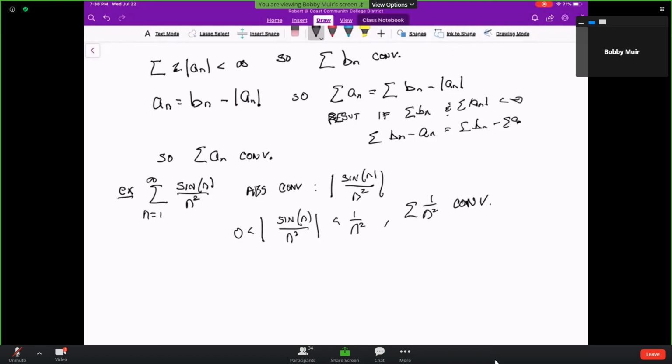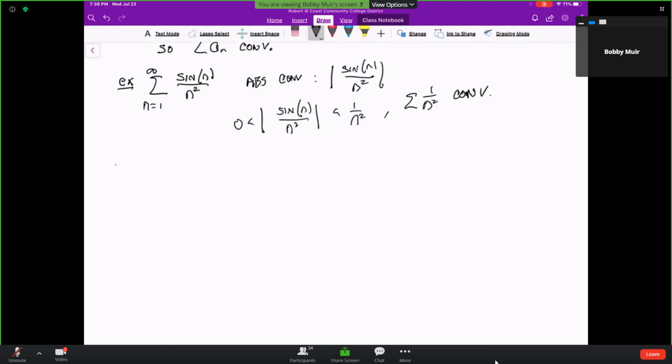Now we know that the natural log of 2 is the sum from n equal 1 to infinity, negative 1 to the n plus 1 over n. We just established all that. You guys still with me?